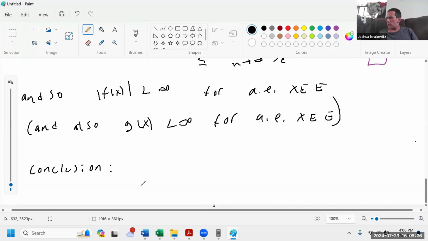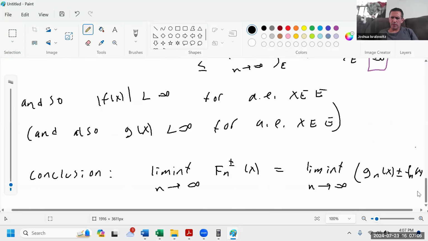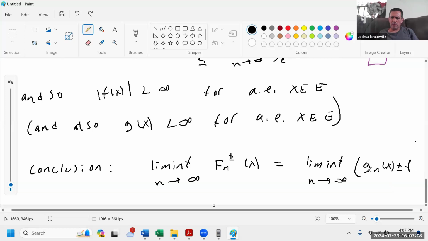All right, so the conclusion is that this is going to be equal to Gn plus or minus Fn of x. I can make that a little neater.